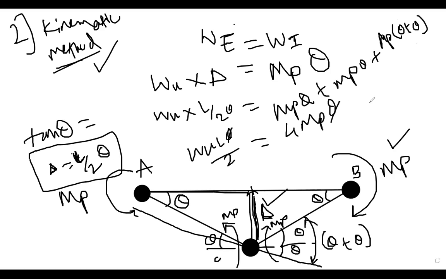Theta, theta get cancelled. So collapse load you get 8 MP by L.